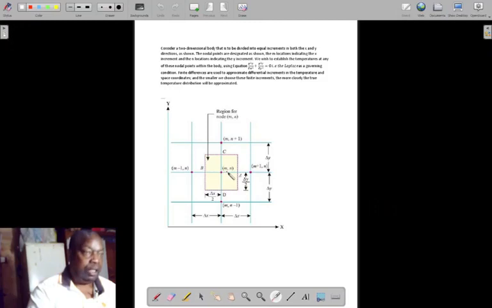Now when you have heat transfer by conduction for an interior node, in the neighborhood of two nodes in the x direction and two nodes in the y direction, you should note that the heat transfer by conduction is half in one direction and half the amount in the opposite direction.